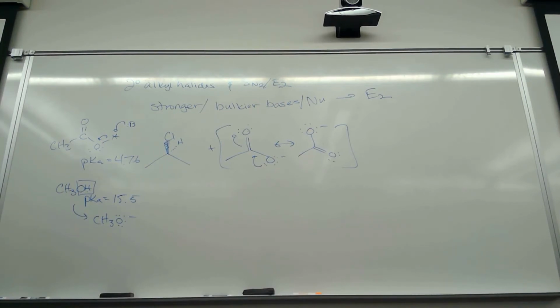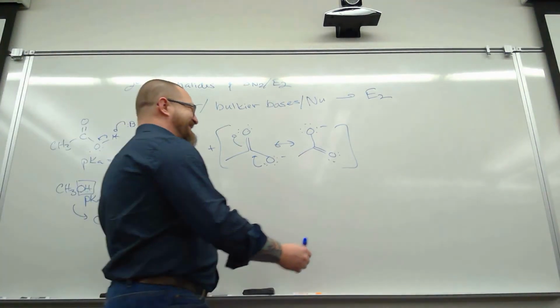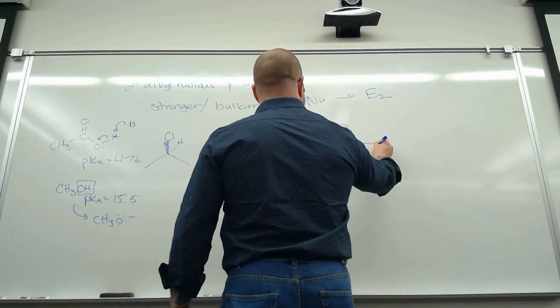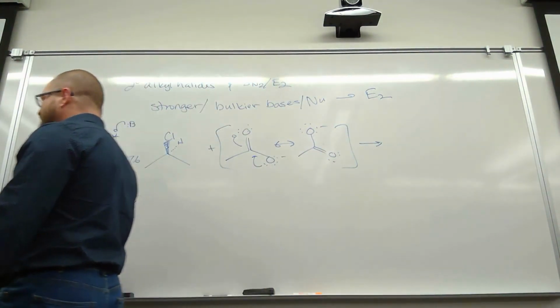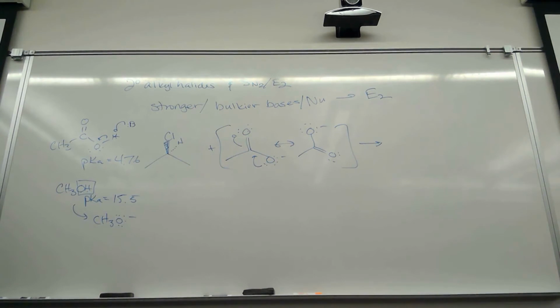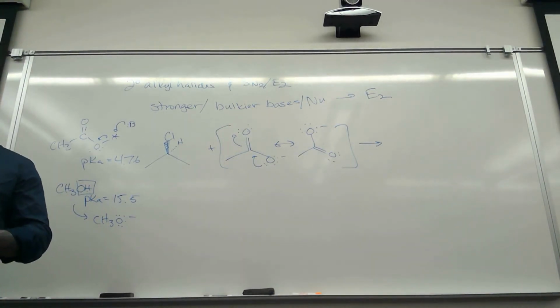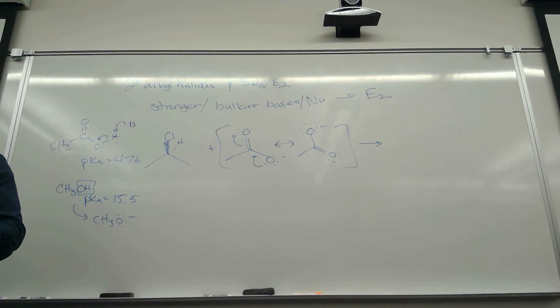Definitely doesn't hurt. So how do you judge when the base becomes strong enough for E2 to dominate a reaction? Just by convention, if you're looking at your classic bases that you consider strong bases, your hydroxides, alkoxides, things like that. The bases you would classically look at from all of the examples we've been using as strong bases.